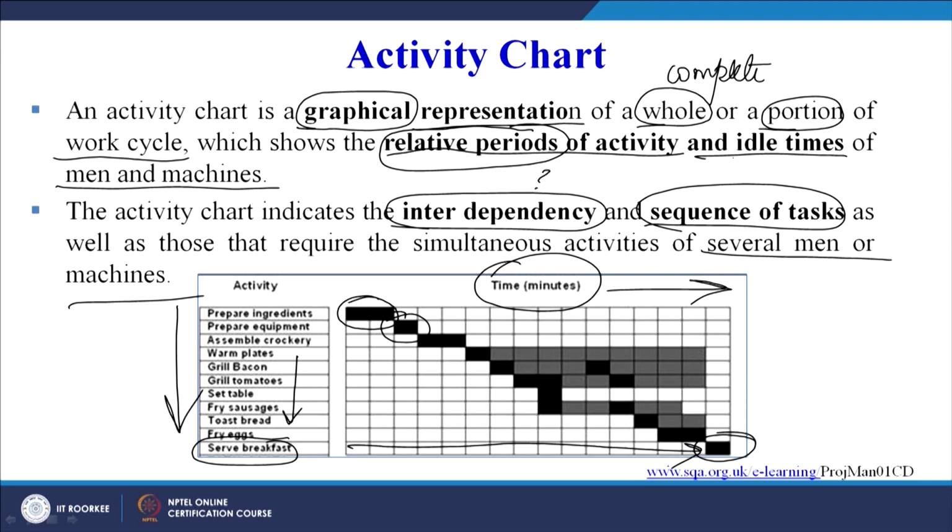So what we are seeing, we are having activities, we have a time on one scale, and there can be a number of men who are involved in completing this task. So we will try to understand it with the help of an example, and our target is to find out a practical application of the concept or the theory that we are trying to understand.